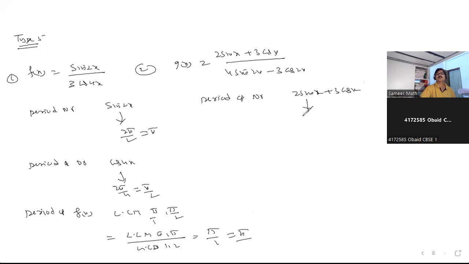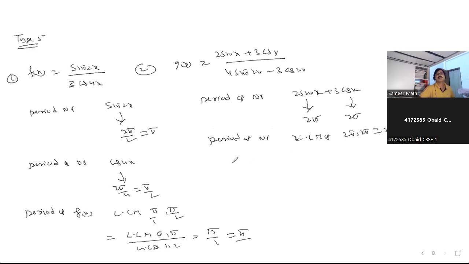The period of sin x is 2 pi. The period of cos x is 2 pi. Now we can write the period of the numerator is LCM of 2 pi and 2 pi. What will we get here? 2 pi only.